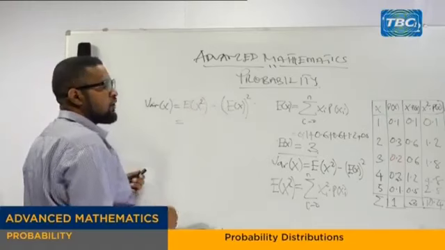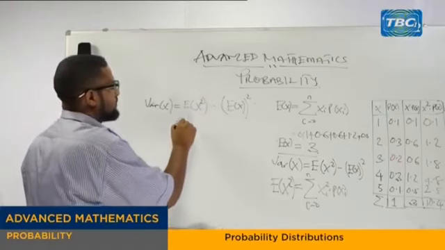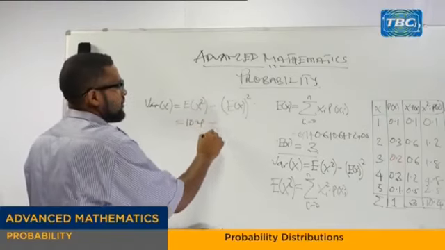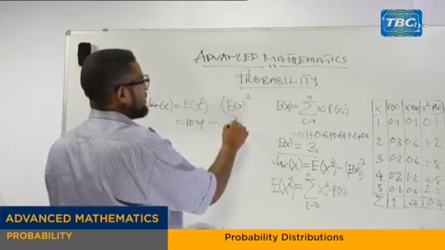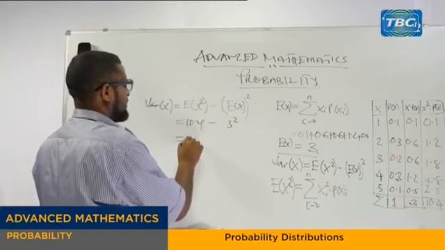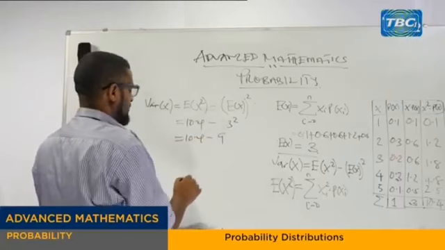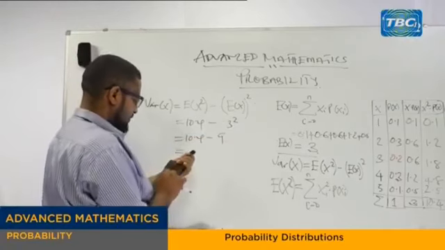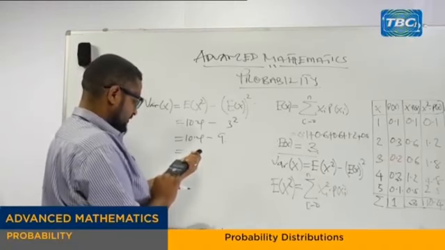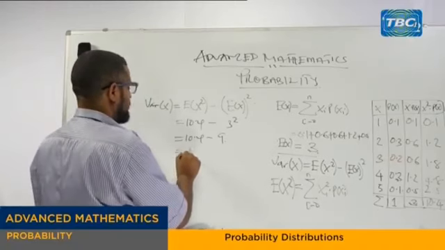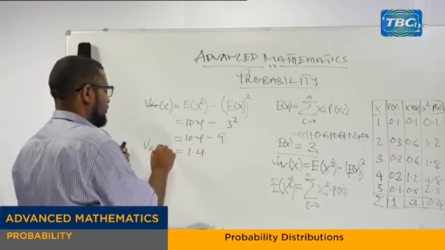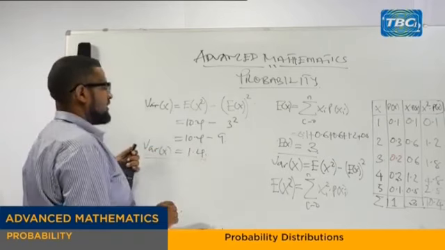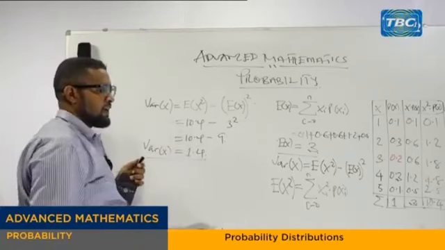Now we have the column which gives us 10.4 minus 3 squared. So it's 10.4 minus 9. Again, use your calculator, find the difference. 10.4 minus 9, we get 1.4. So that is the variance of the discrete random variable x.